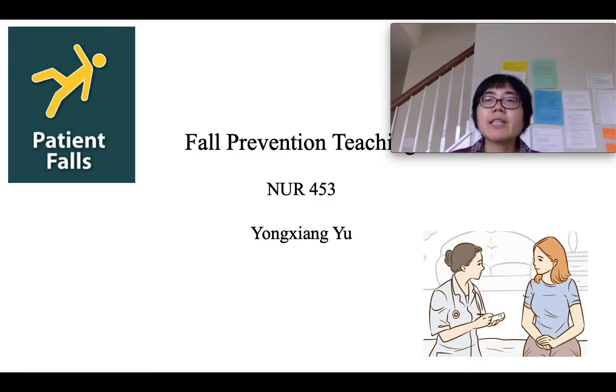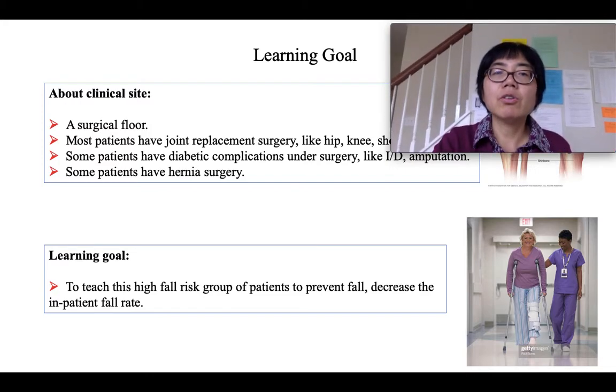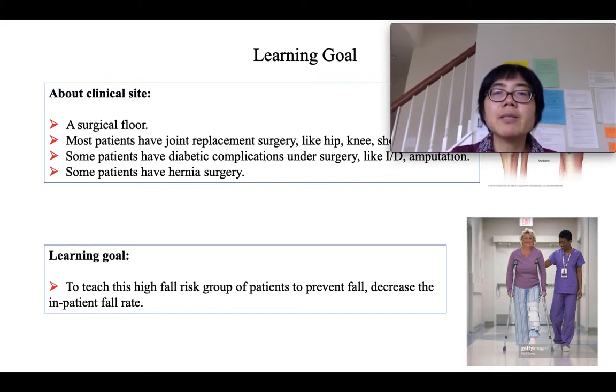My project title is Fall Prevention Teaching. My clinical site is a big hospital surgical floor. Most of my patients come to the floor for joint replacement surgery, like knee replacement and hip replacement.